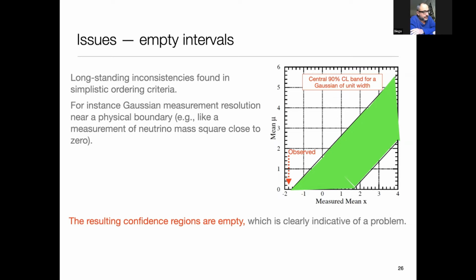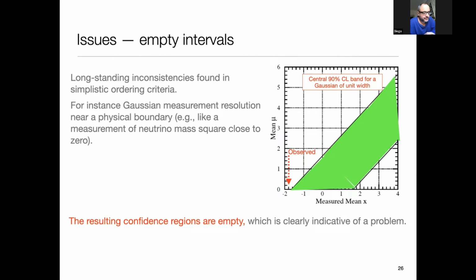And there's nothing wrong with that. That could happen even if the quantity you're measuring is defined as non-negative, like a neutrino mass square, if the apparatus you use has a finite experimental resolution. You could have central values that are negative, although they should still be compatible with 0 within the uncertainties, but the central value can be negative.